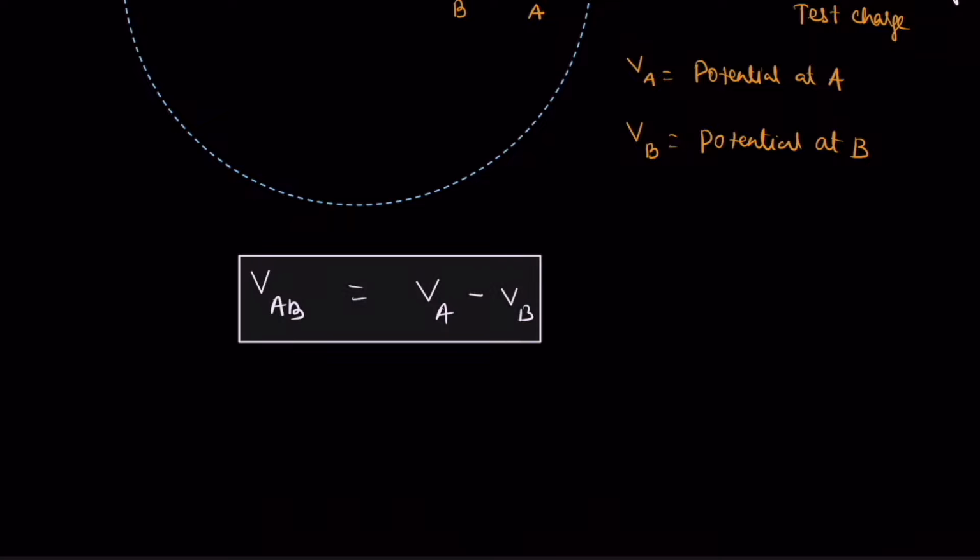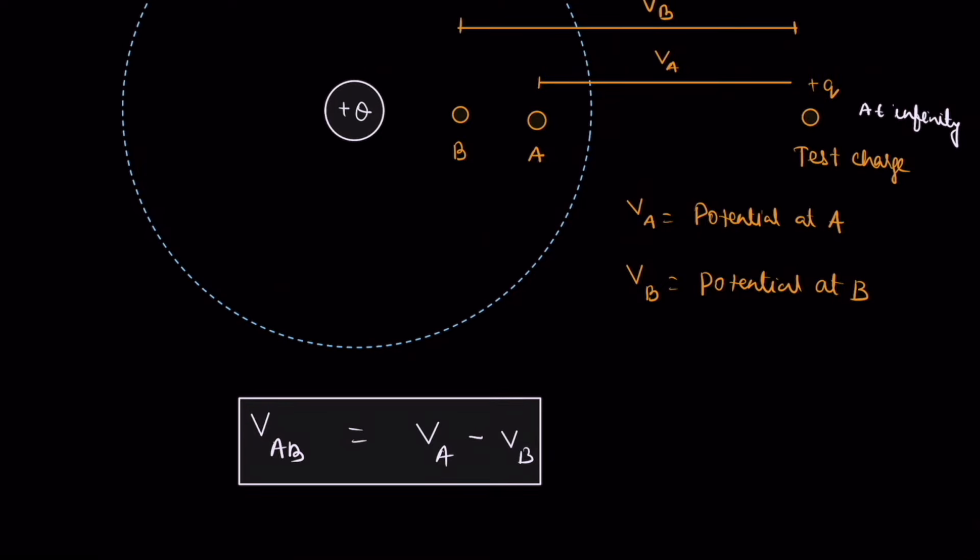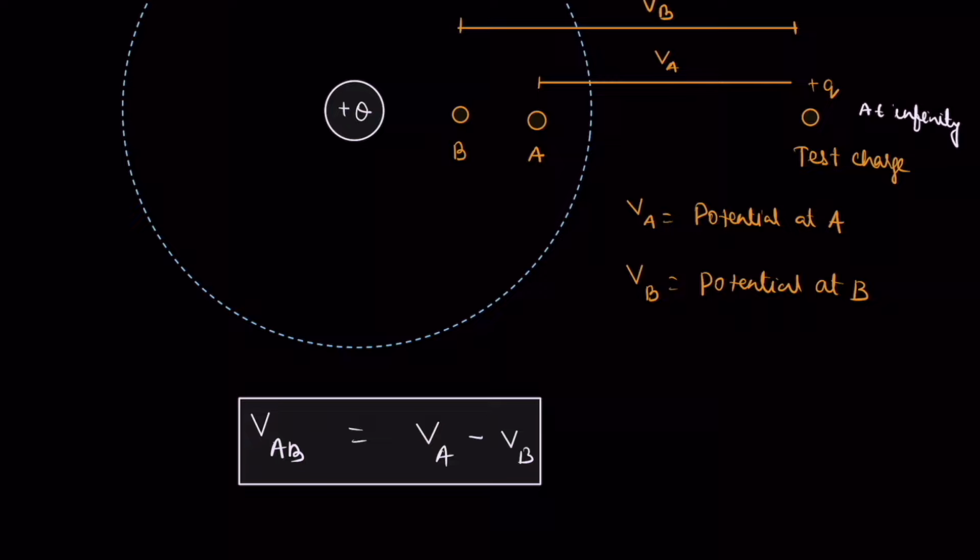Practically, there is no big difference between electric potential and electric potential difference. Both are similar, because their formula is the same, their SI unit is the same, and their symbols are also the same. The only difference is that electric potential we always consider from infinity to point A or B, but electric potential difference is the difference between two points, point A and point B. I hope you understood this part completely.